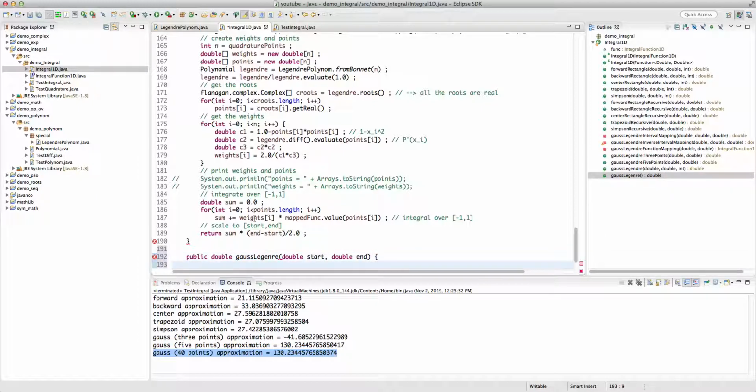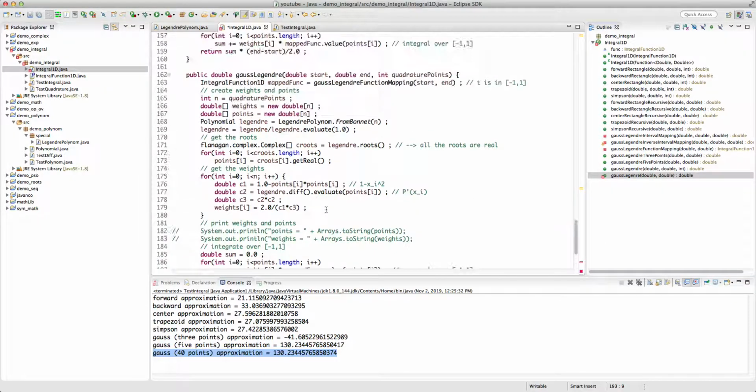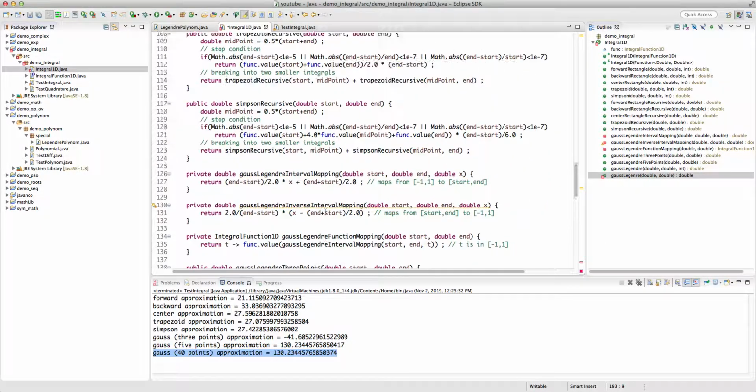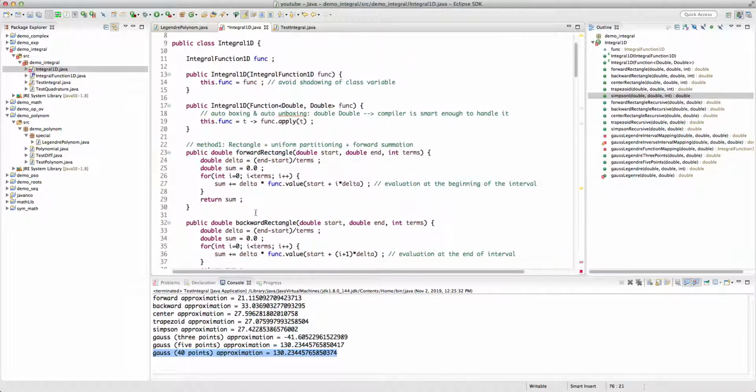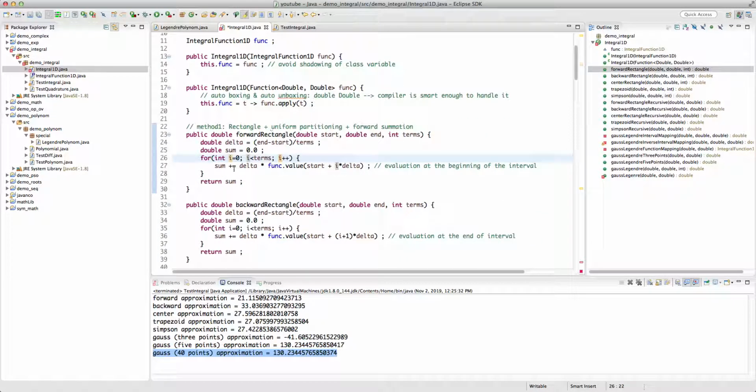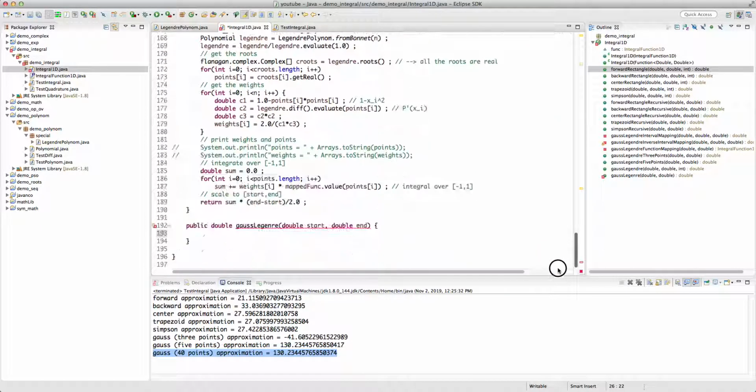I'm going to do something similar to what we did for the forward rectangle, just a simple summation. So we're going to break the interval into smaller sub-intervals, and then use 5 or 10 point Gauss quadrature.